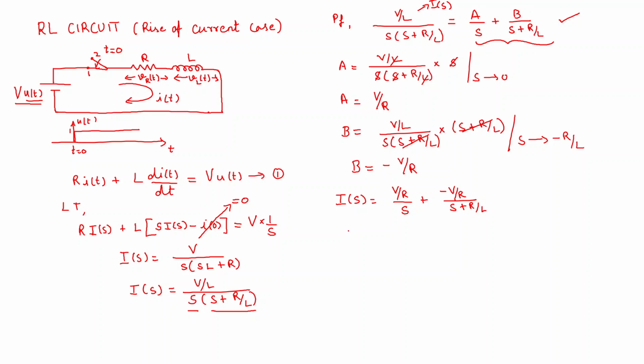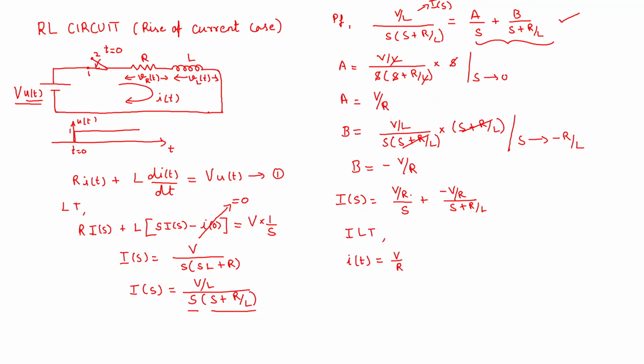Now we have to apply inverse Laplace transformation so that we get I of t. So apply inverse Laplace transformation to this equation. Inverse Laplace transformation of I of S is I of t, and this V by R is a constant.